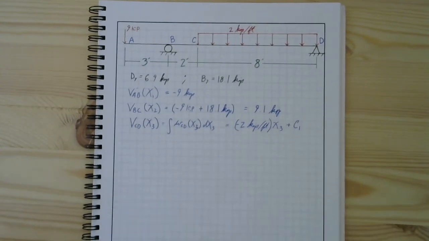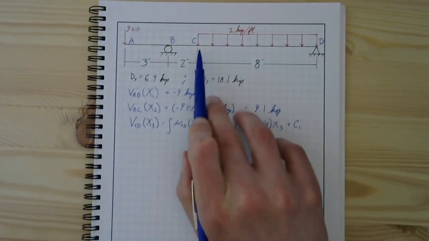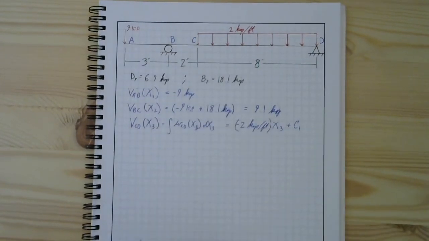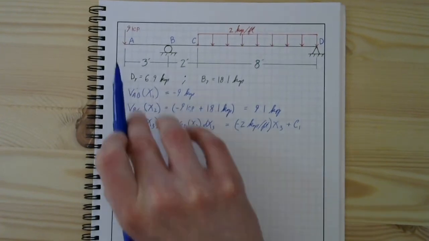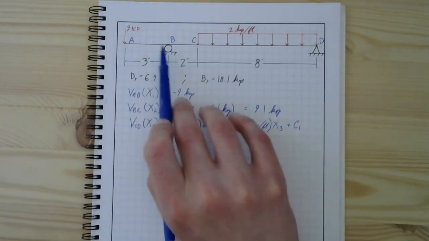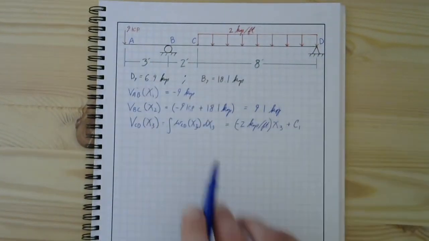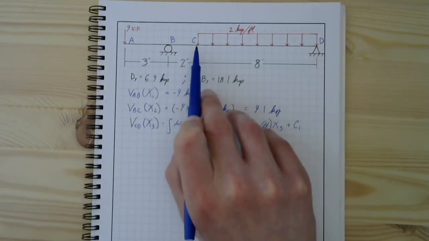In our case, C1 is going to be equal to the shear at C, because of course that does not change suddenly at C. That only happens at a point load, such as at A or B or D, but there's no point load at C, there's only a distributed load.